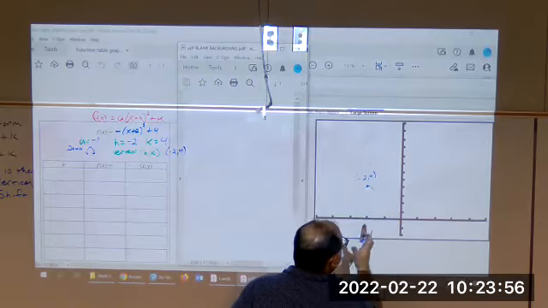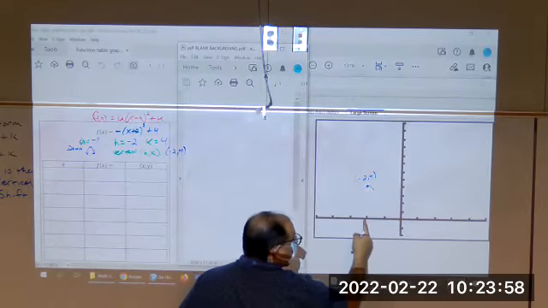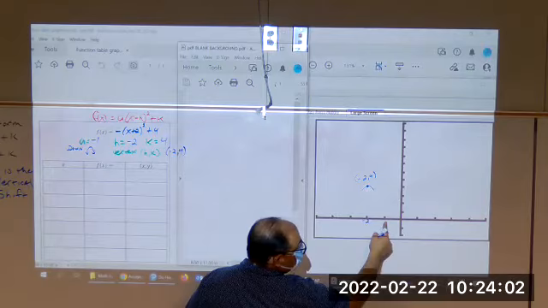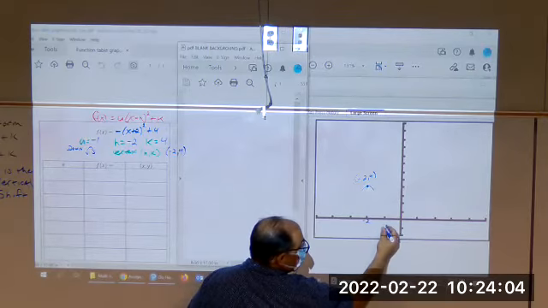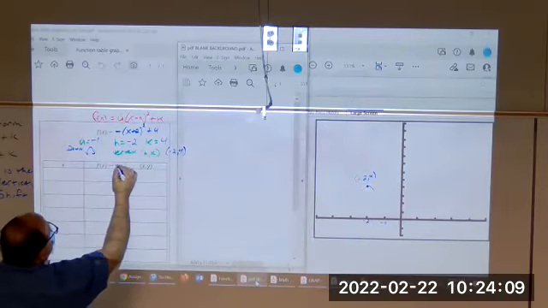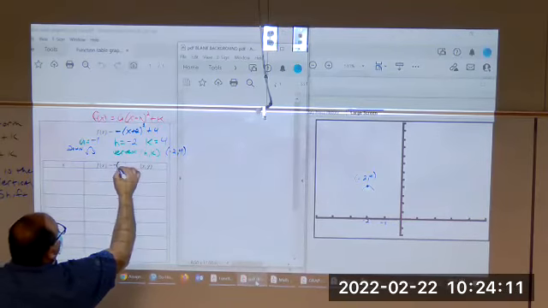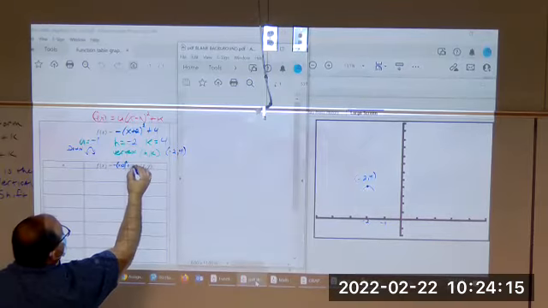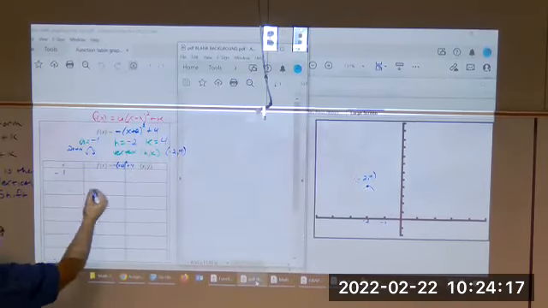vertex here at -2. So what's the first one? This is -2. That's the first one to the right. -1. So I'm going to plug in negative parentheses x plus 2, and then you square it, and then you add 4. I'm going to plug in -1.